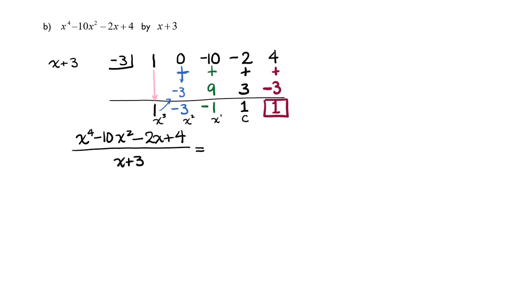So each one of these numbers directly above it is the coefficient that is assigned to each one of these terms. This is equivalent to x to the third minus 3x squared minus x plus 1 with a remainder of 1 over x plus 3.